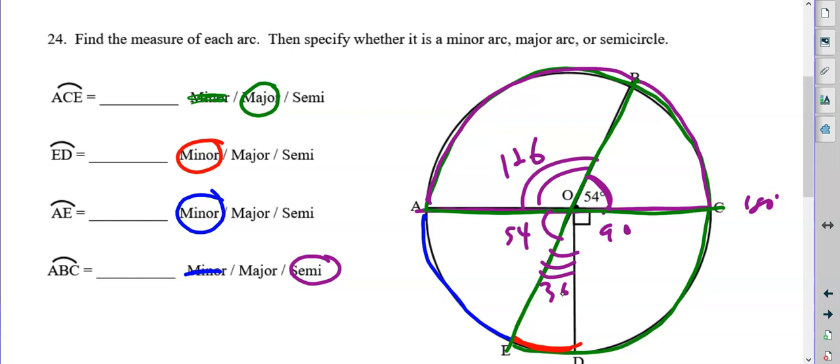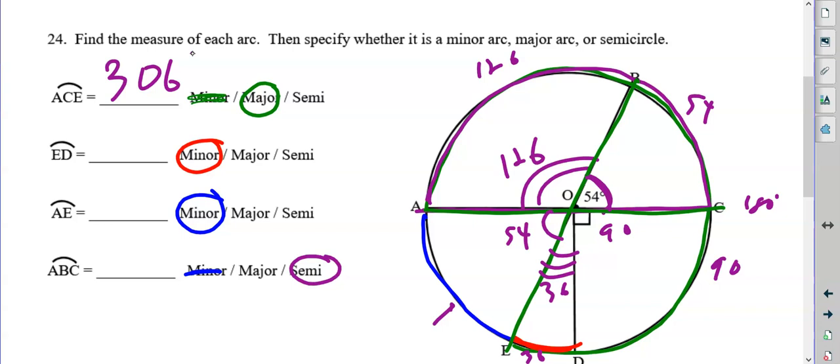So remember, ACE was the 126 plus the 54 plus the 90 plus the 36. That's one way to do it. Or it's everything but 54. So instead of adding those 4 numbers, you could have just done 360 minus 54. Either way, it's 306 degrees.